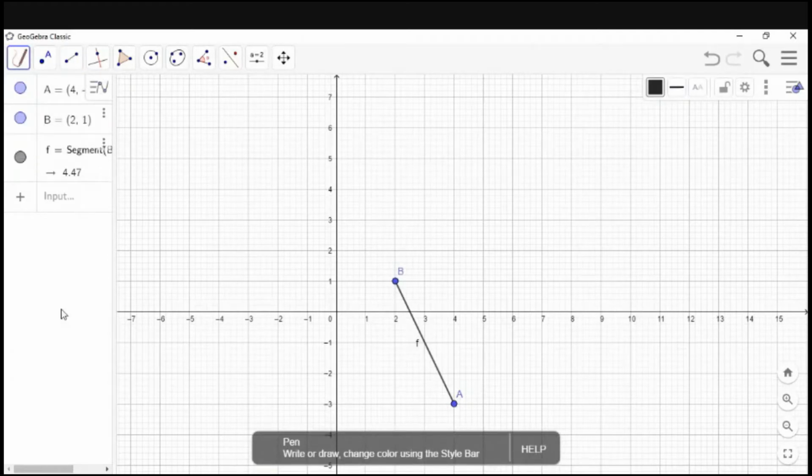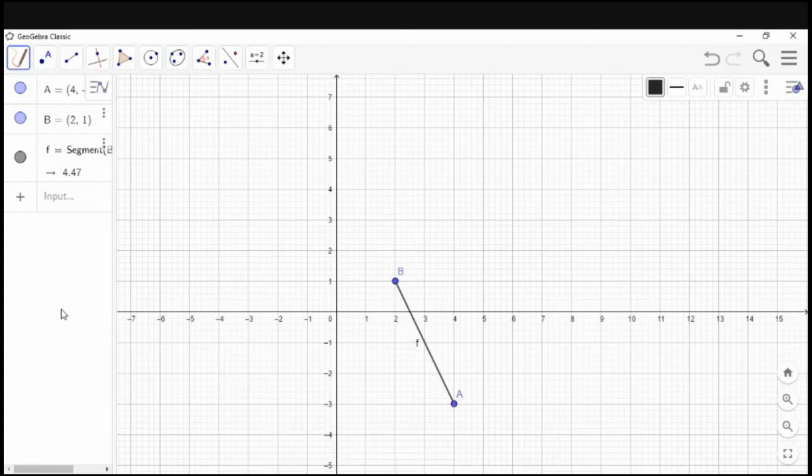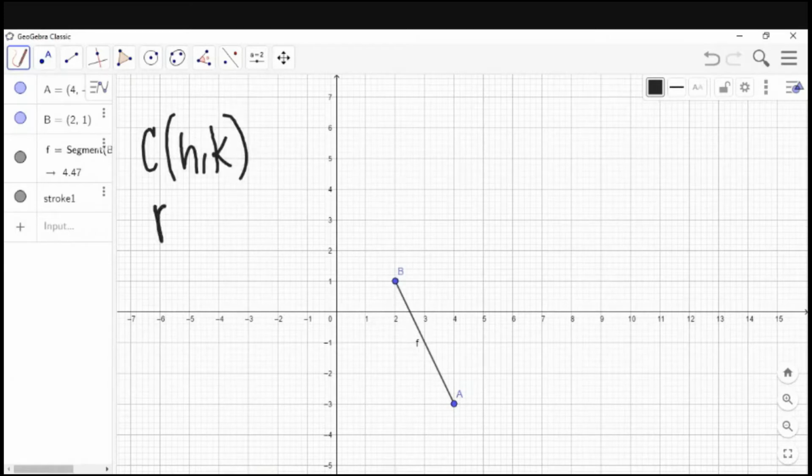Now, the next thing that I will do is to identify the values that I need to get the equation of this circle in standard form. And since it's the standard form, I will be needing the center with coordinates h, k and the value of the radius.